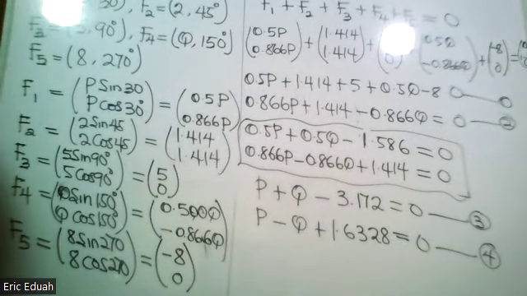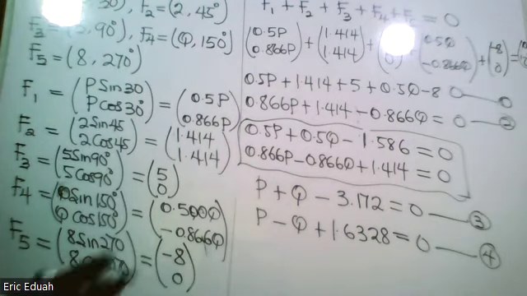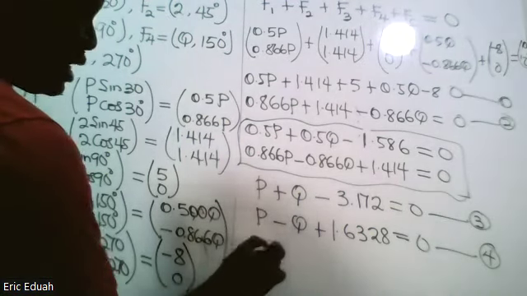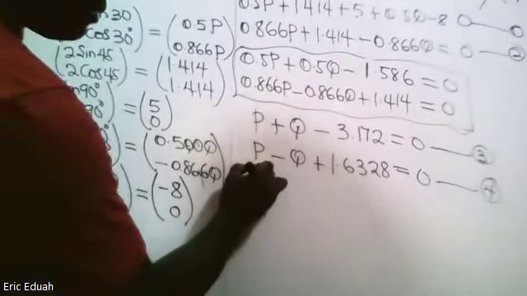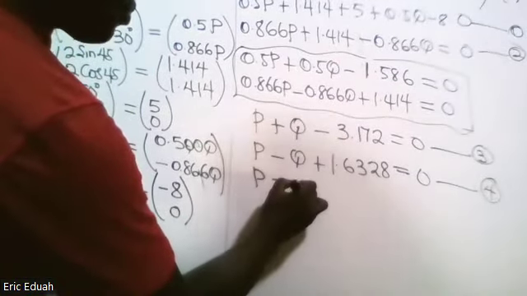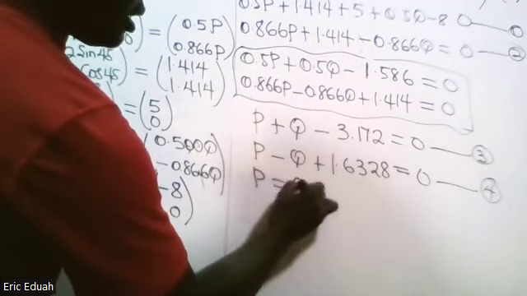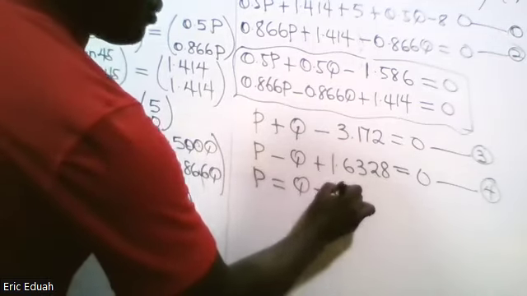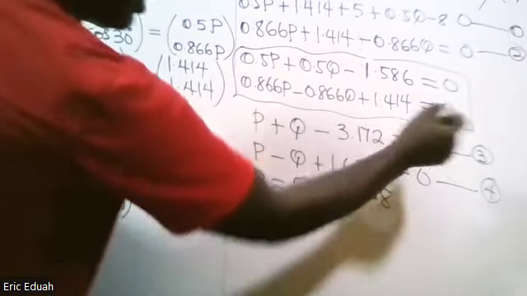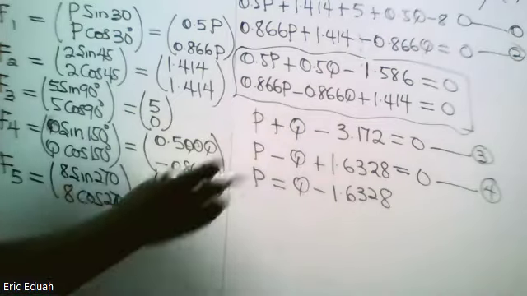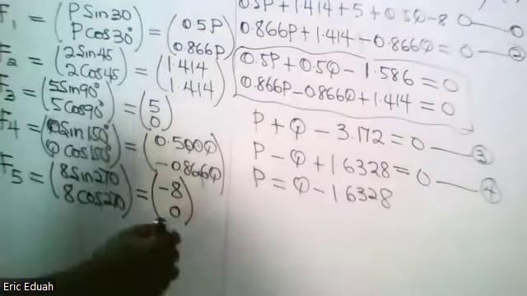Okay, so if you make any of the equations the subject, maybe let's make P the subject from equation 4. P would be equal to Q minus 1.6328. We are sending this and this to the other side. So substitute this into equation 3.